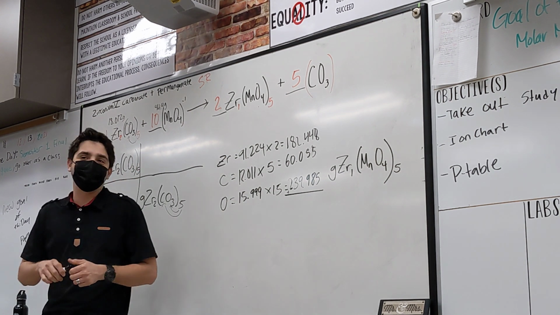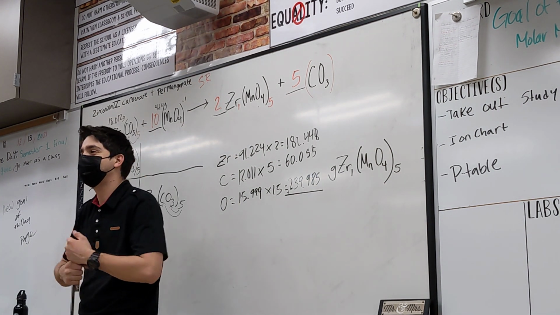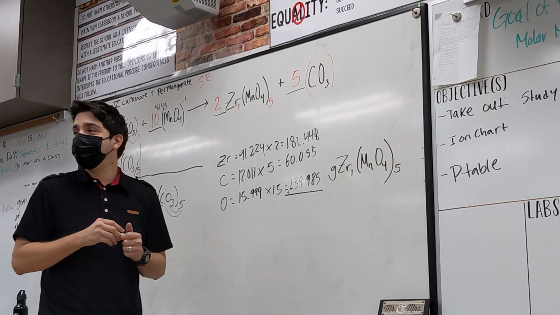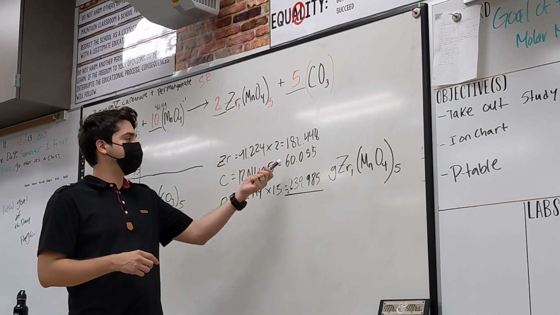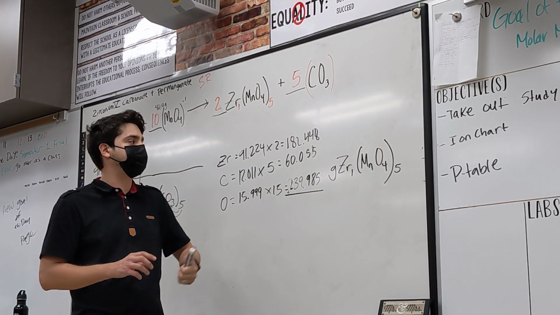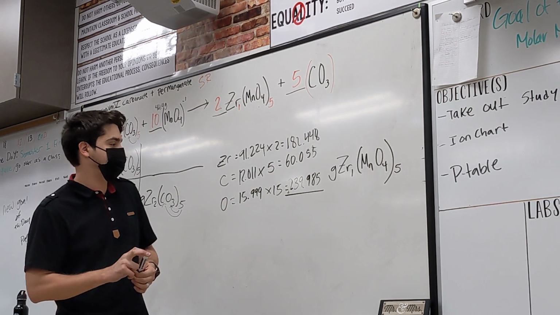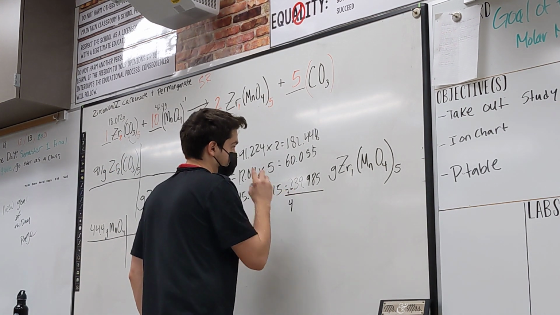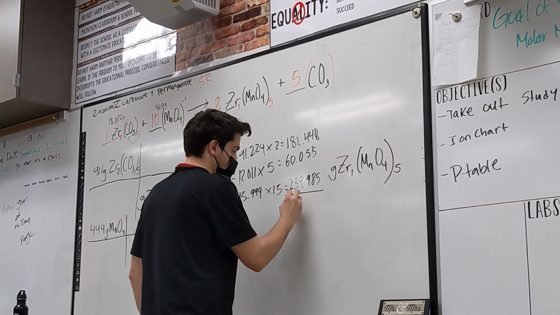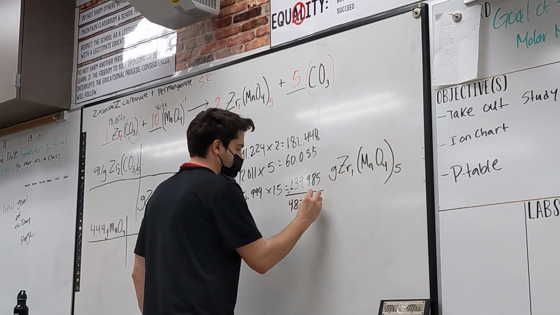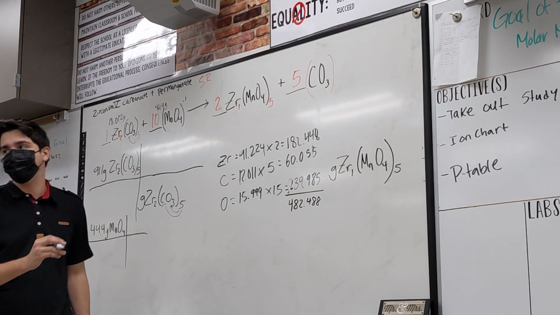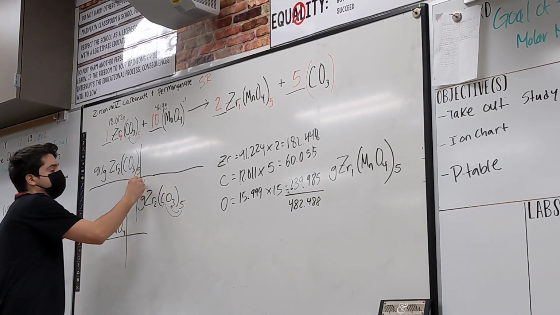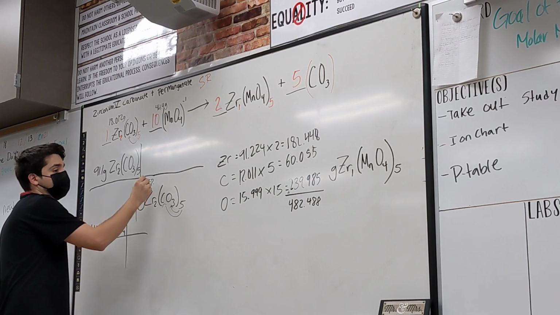All right, Miles, you gotta get your calculator out. 180 plus 60 plus 239 can't be 400. Wait, you're right. 482.488. Okay, so that's gonna be 482.488.